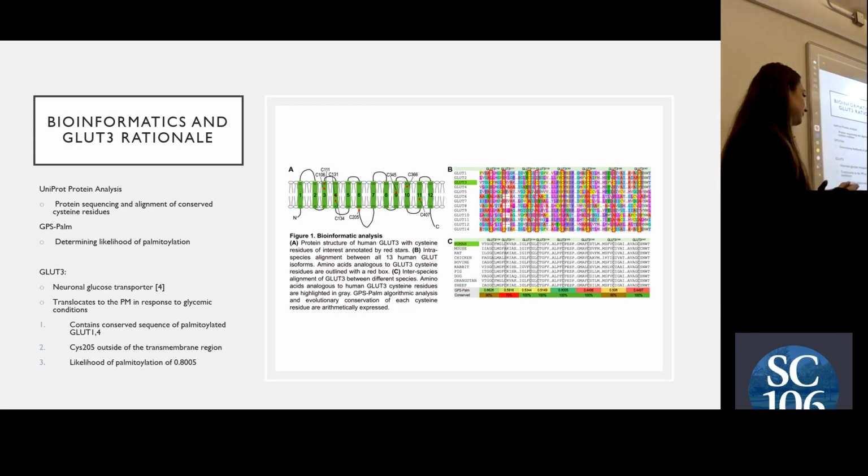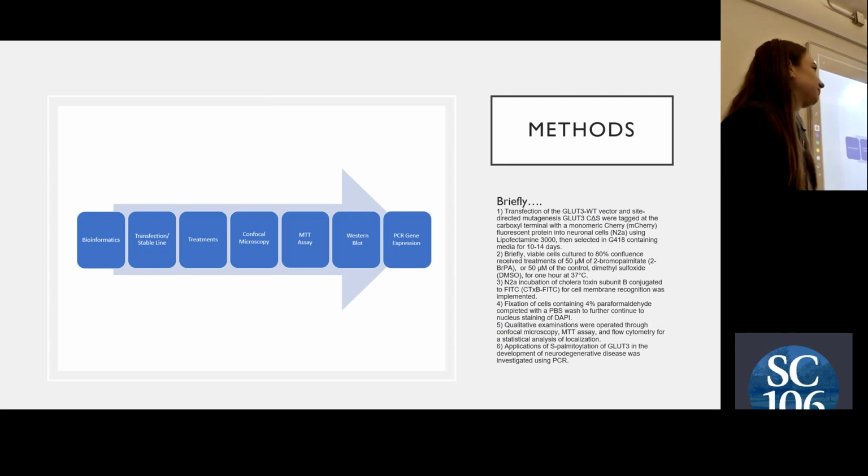Via the use of GPS-PALM, we also determined the likelihood of palmitoylation at this conserved cysteine site as 0.08005 on a scale of 0 to 1. So we believed there was a high likelihood of palmitoylation, and we continued on.